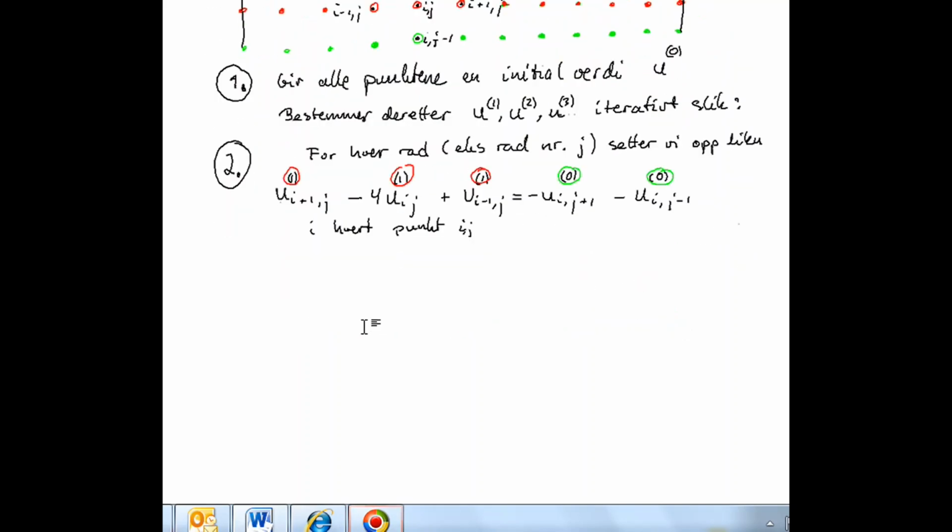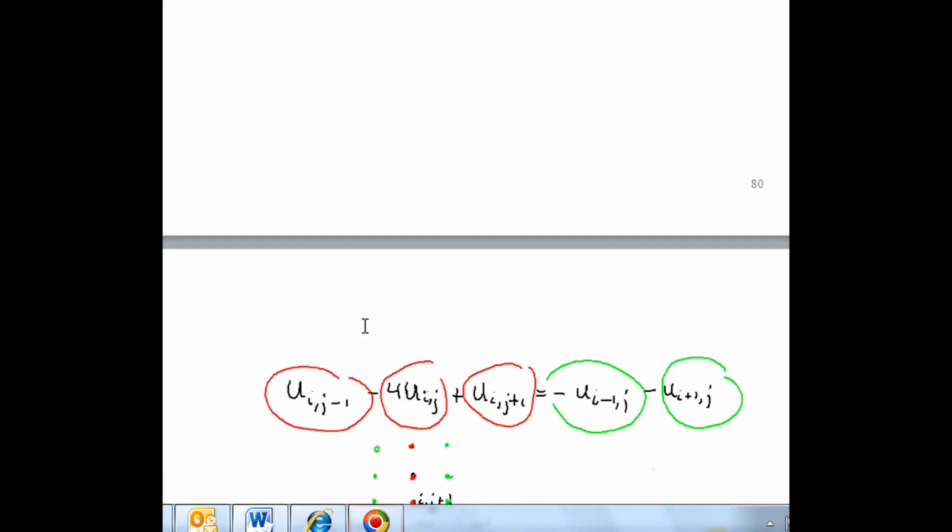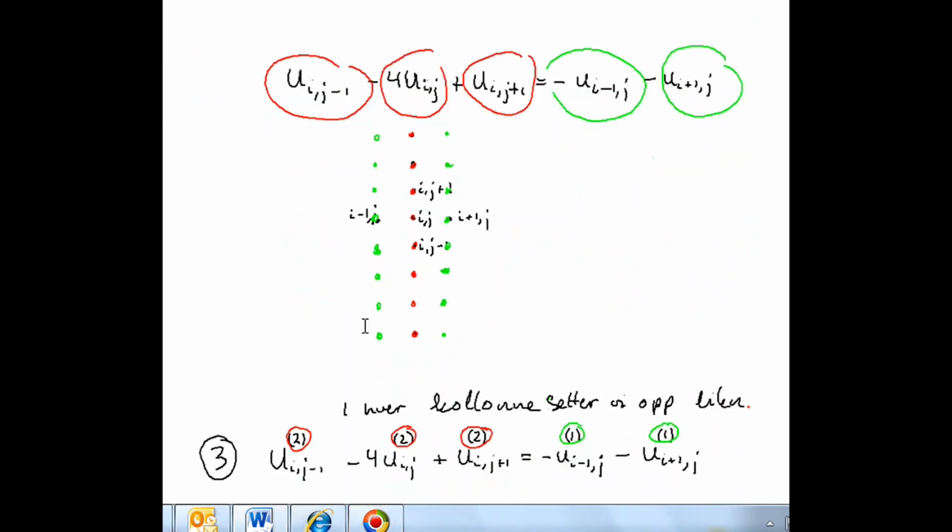When we have done this, we do exactly the same, but now we are considering columns instead. On the left side of the difference equation, we put all the unknowns corresponding to this red column.